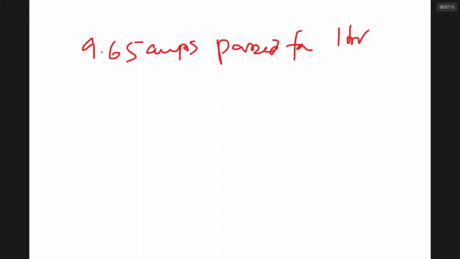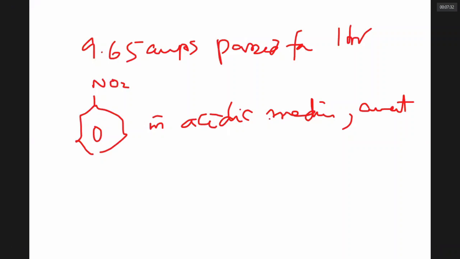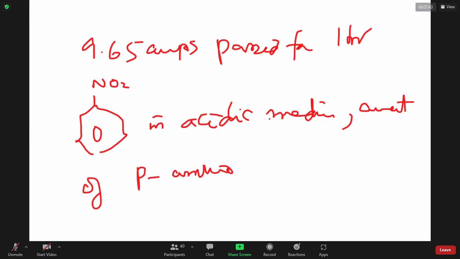When 9.65 amperes current passes for 1 hour through nitrobenzene in acidic medium, the amount of para-aminophenol produced is?